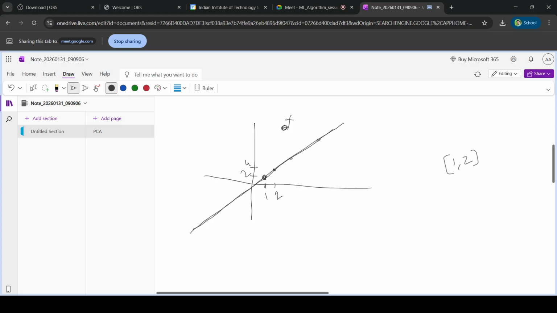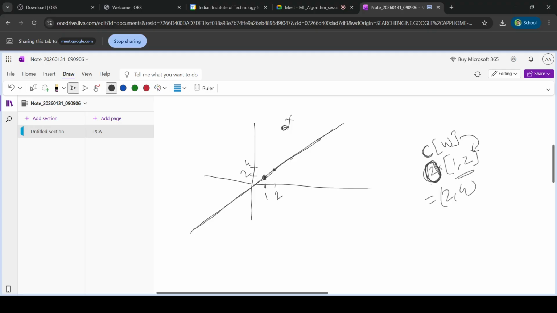But you say 2 comma 4 is 2 into 1 comma 2, because 2 into 1 comma 2 is 2 comma 4, meaning you are just multiplying by some value, which you call c. 1 comma 2 is your vector w, and c is the scalar value.